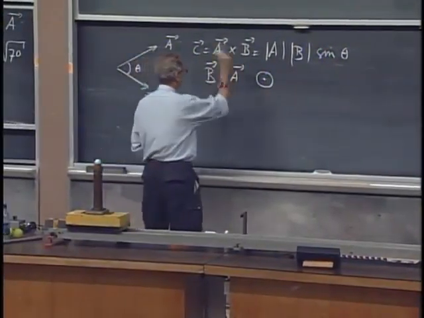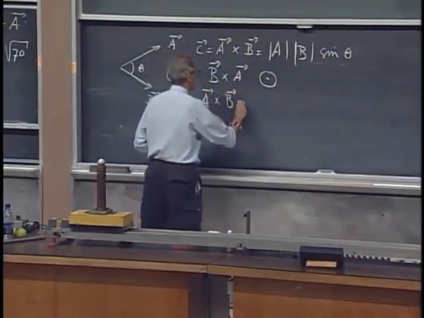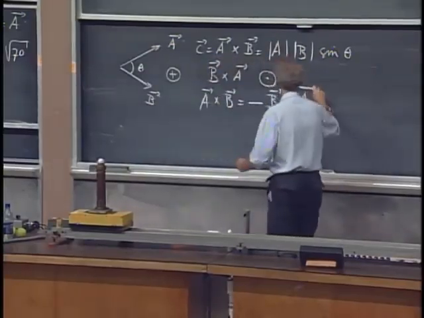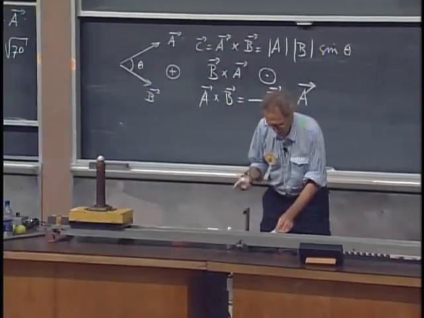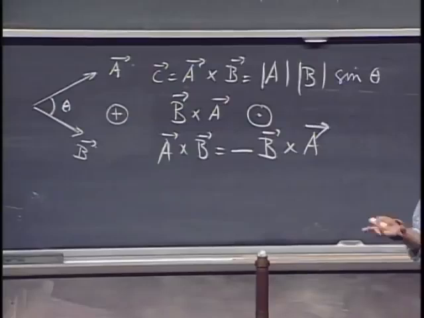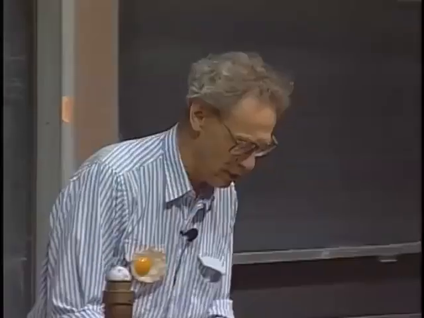In other words, A cross B equals minus B cross A. Whereas A dot B is the same as B dot A. We will encounter cross products when we deal with torques and when we deal with angular momentum, which is not the easiest part of 8.01.